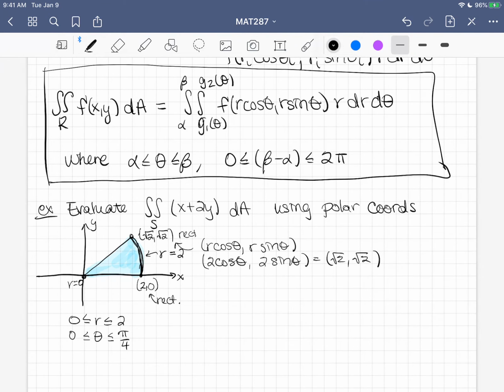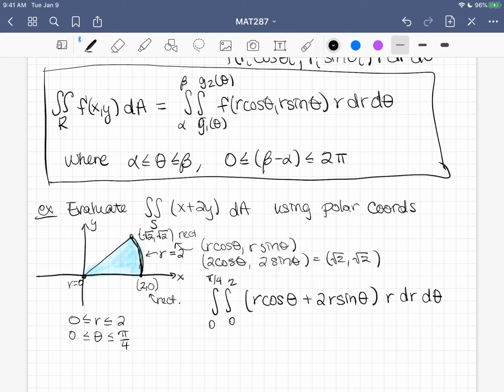So my double integral over S can be rewritten as the integral from theta equals 0 to pi over 4 of the integral from, in this case, the bounds on r don't involve theta, from 0 to 2 of r cosine theta, that was x, right, plus 2y, so plus 2 r sine theta, r dr d theta.